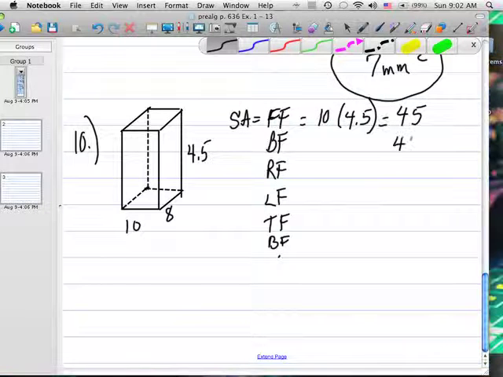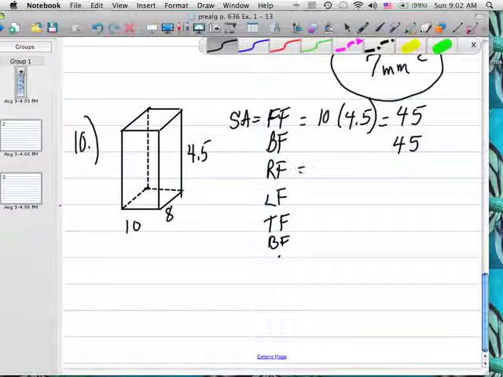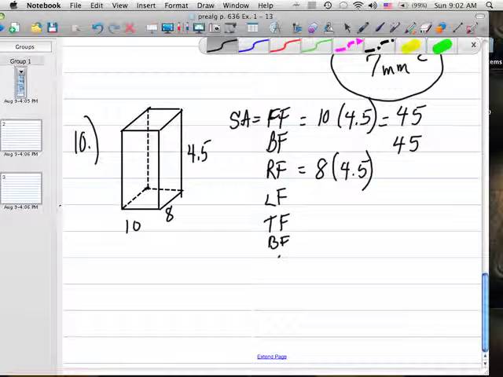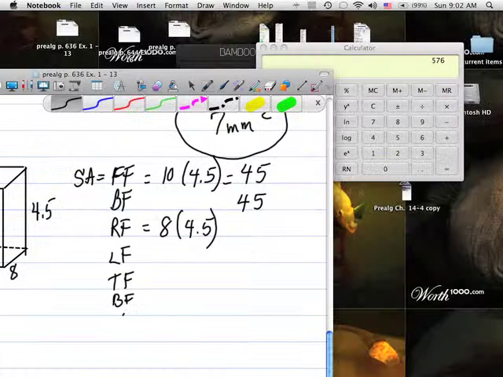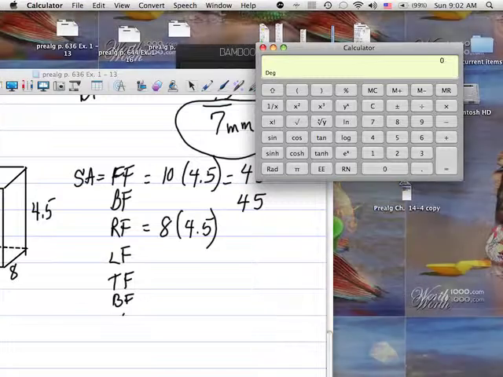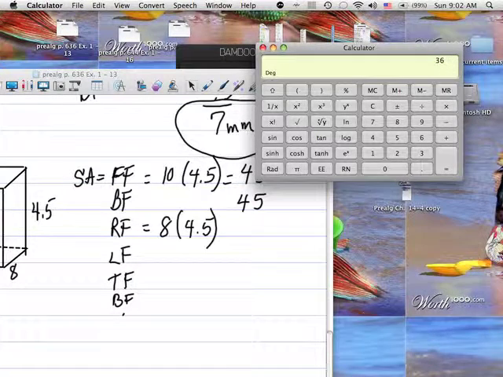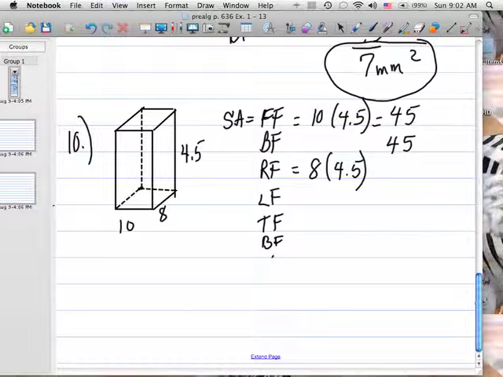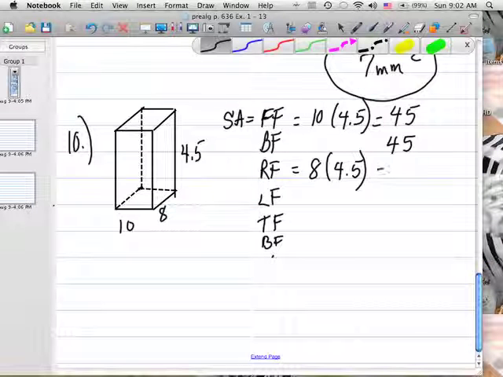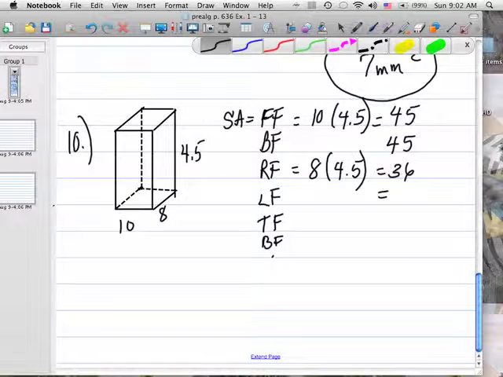The back face is also 45. The right face is 8 times 4.5. Check your calculator with that if you need to. So 8 times 4.5 is 36. And the left face is the same.